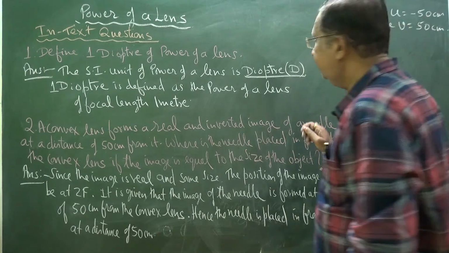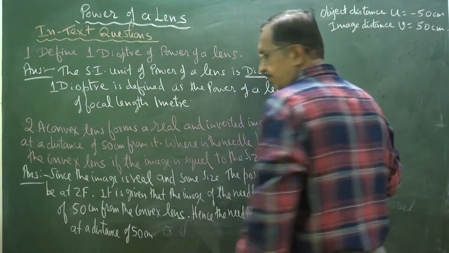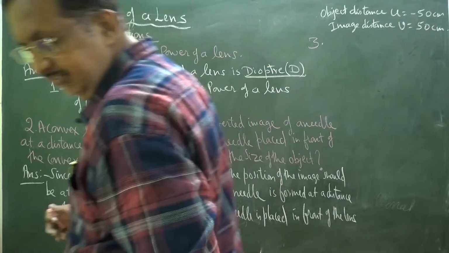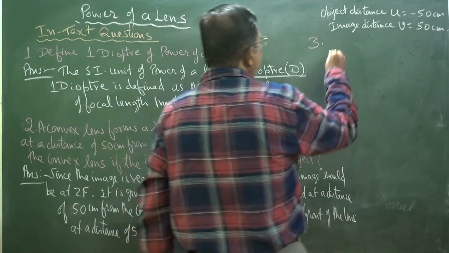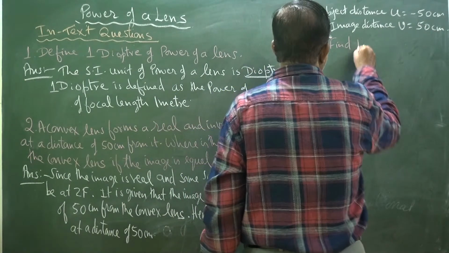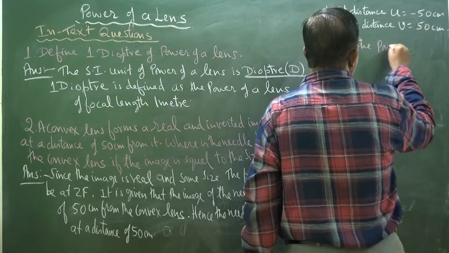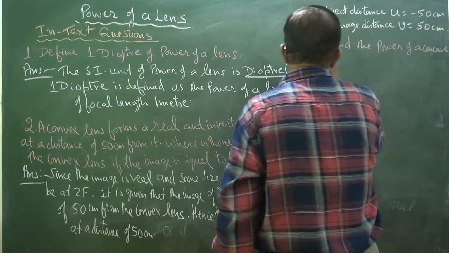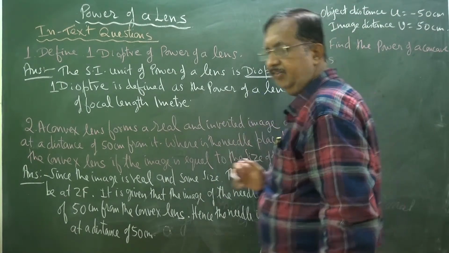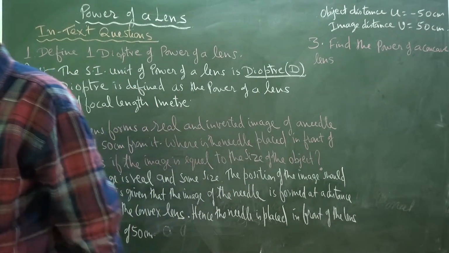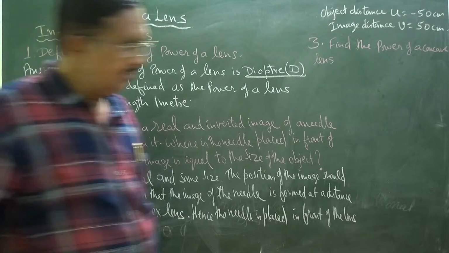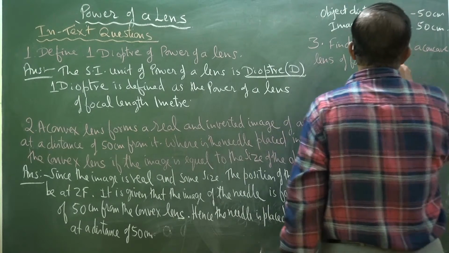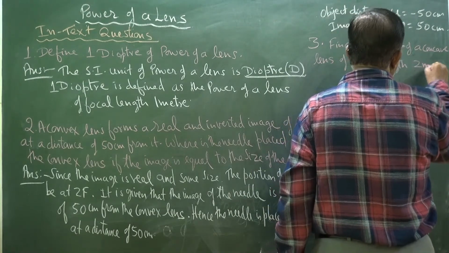Now, question number 3. Write down question number 3. Find the power of a concave lens of focal length 2 meter.